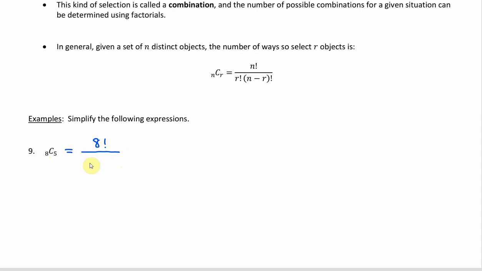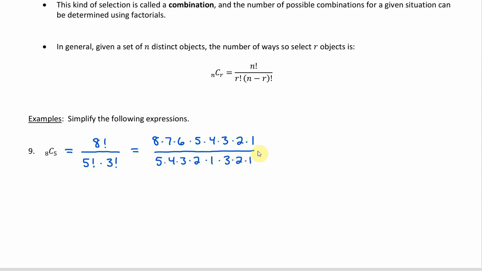That's what this is really asking. So we'd have a 5 factorial, and then an n minus 5, which is 3 factorial. And then if you expand everything out, on top we'd have 8, 7, 6, 5, 4, 3, 2, and 1. And then on the bottom, we're going to have a 5 factorial and then a 3 factorial.